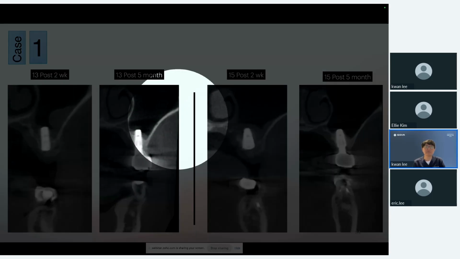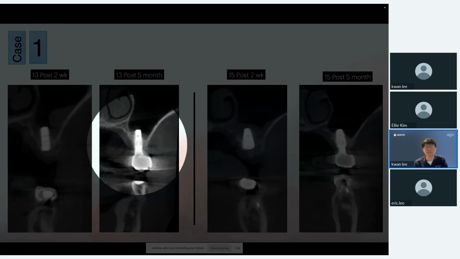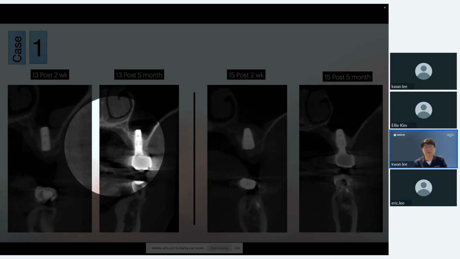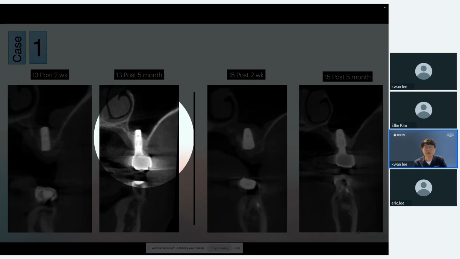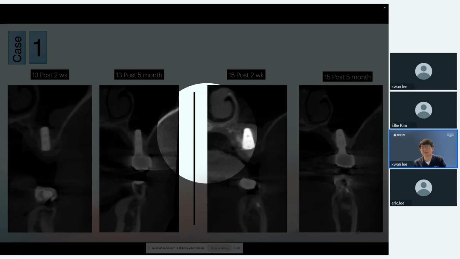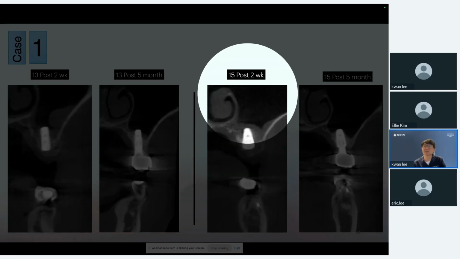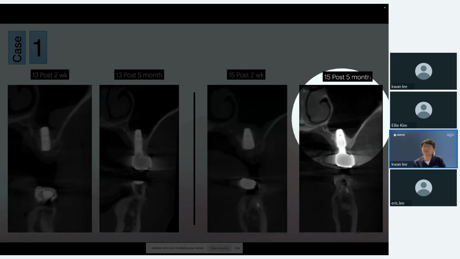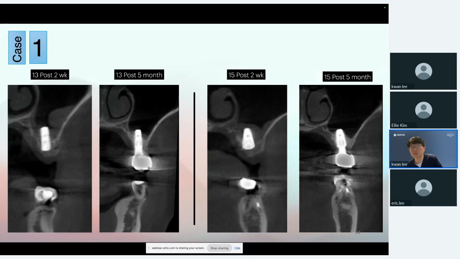That's the same tooth, number 13, at 2-week post-op, and then that's about a 5-month post-op CBCT. As you can see, the Schneiderian membrane has now come down and is covering this implant graft around the area. The patient didn't have much residual bone height.